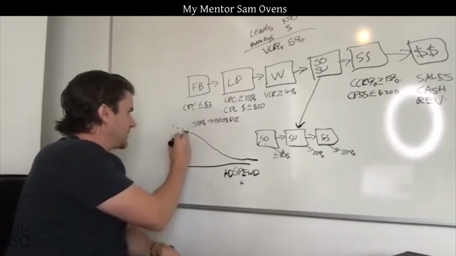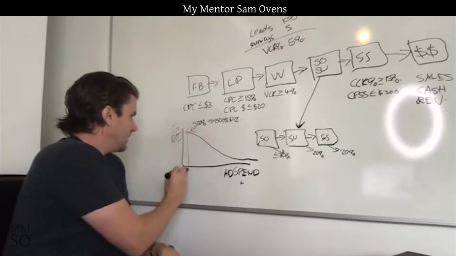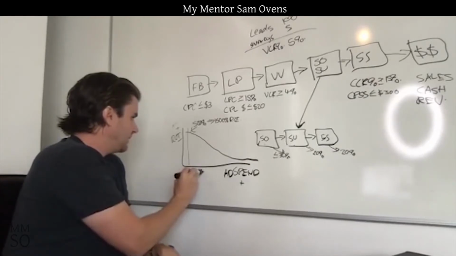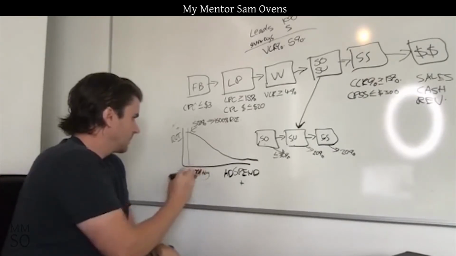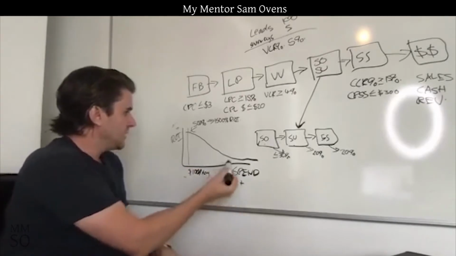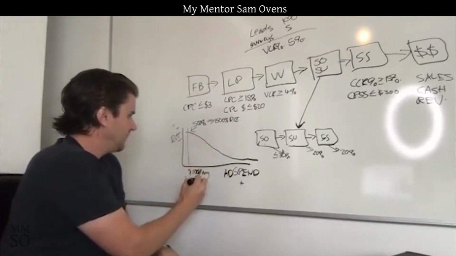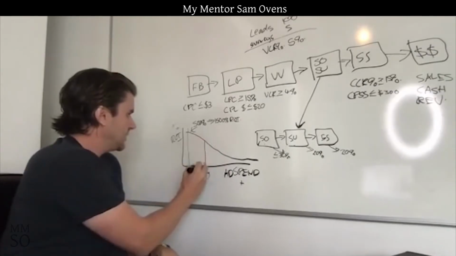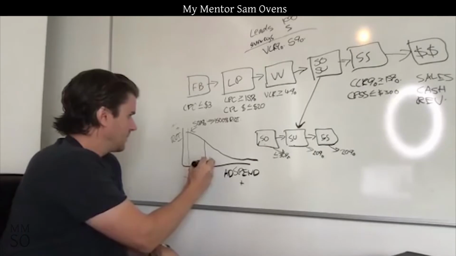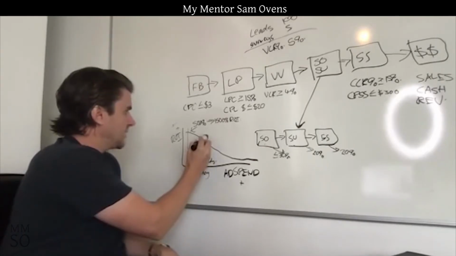Let's say this occurs at this point, and then at this point we're only spending like $100 a day. But once you go over $1,000 a day, let's say that point occurs here, this thing quickly comes down to like 500%.